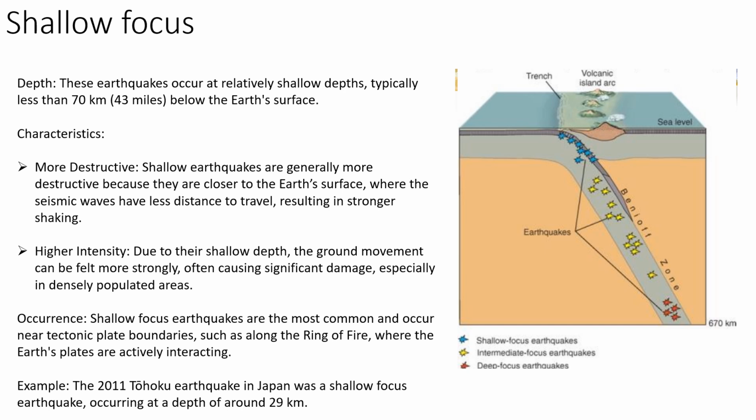They are felt much more strongly on the ground above them. They are more common, particularly near tectonic plate boundaries, especially within the Pacific Ring of Fire, where they're quite frequent. A good example was the 2011 earthquake in Japan, which had a quite shallow focus of around 29 kilometers.